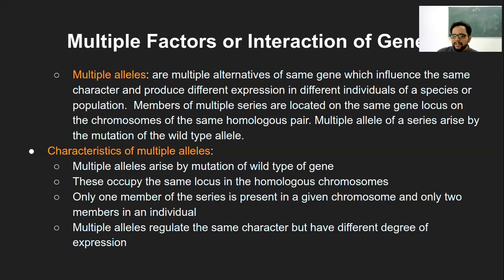That way these multiple alleles can regulate the same character, like skin color, but have different degrees of expression. That is, the amount of protein they express or the amount of function they regulate will differ based on how much expression has happened. That is quantitative in nature; of course it is qualitative, but more than that it is quantitative as well.